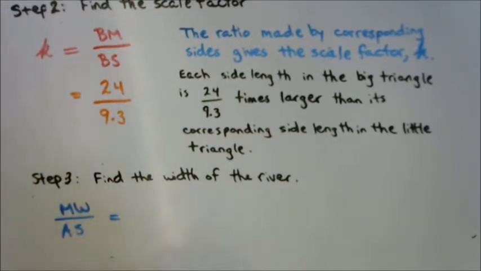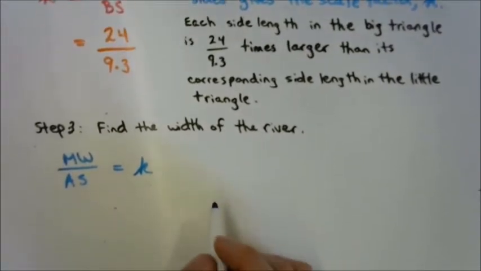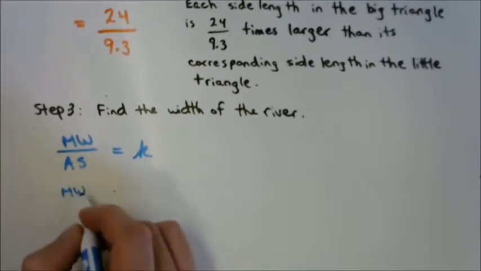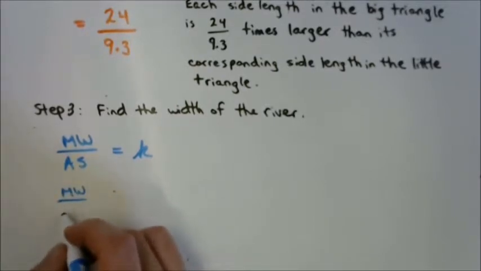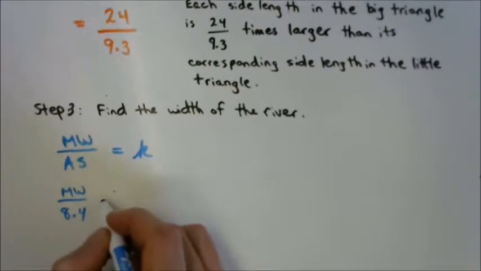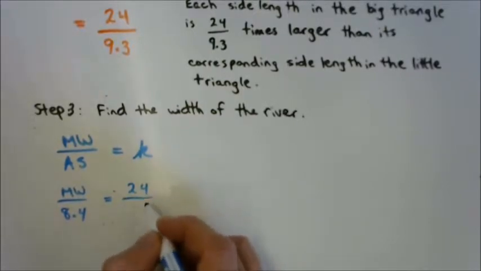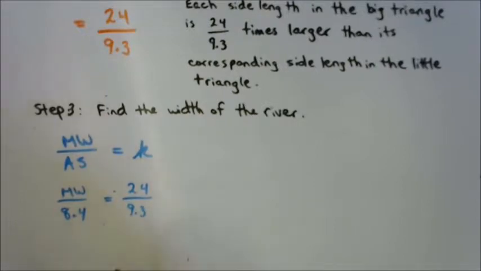So maybe we'll write K first. Equal to K. And now we simply sub in what we know. We leave MW. AS we're given is 8.4. And K we just found out in step 2 is 24 over 9.3. How do I use my algebra skills to solve this one?